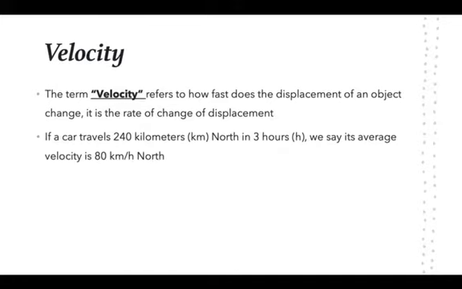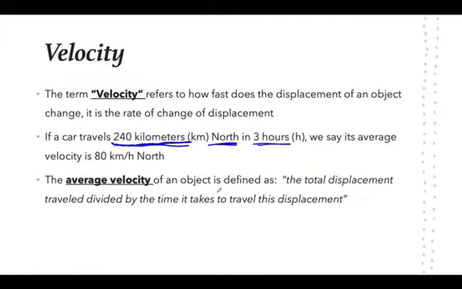So, if I were to say that a car travels 240 kilometers north in 3 hours, then I would say that its average velocity would be 80 kilometers per hour north. Here we're taking into account the change in position, the displacement, along with its direction and a given time interval.